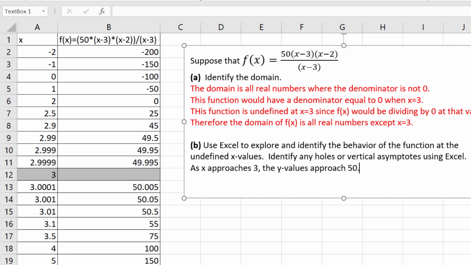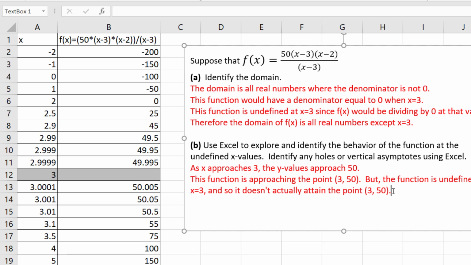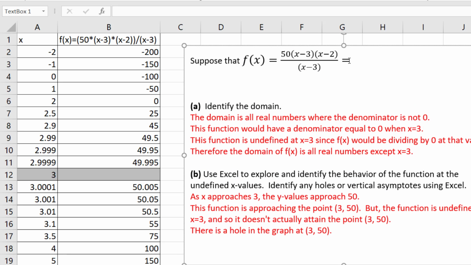But we know that it can't actually hit the point 3, 50 because the function's undefined at x equals 3. This is telling us that there is a hole in this graph at the point 3, 50. Now, we've figured that out by using an input-output table in Excel and numerically approaching x equals 3 from both sides. We can also explore and find this answer using a symbolic approach.